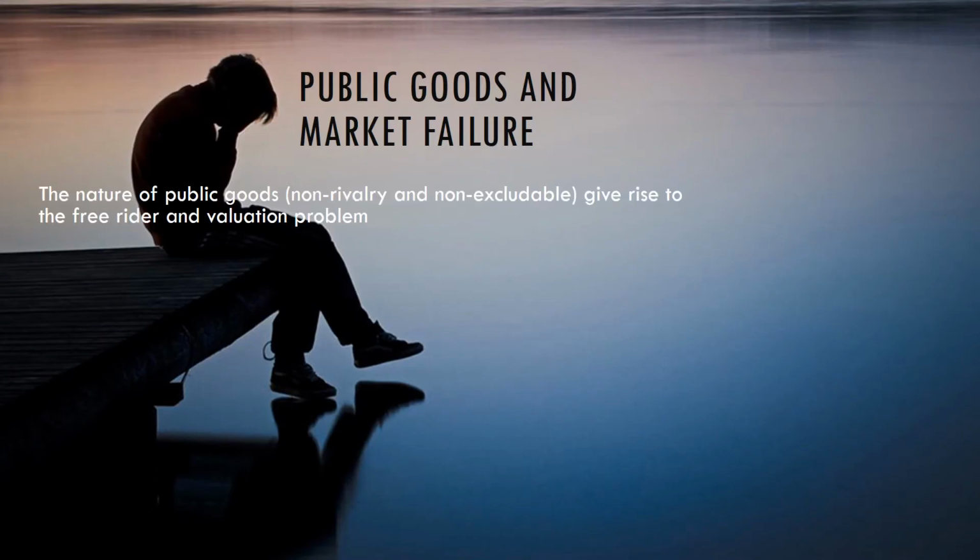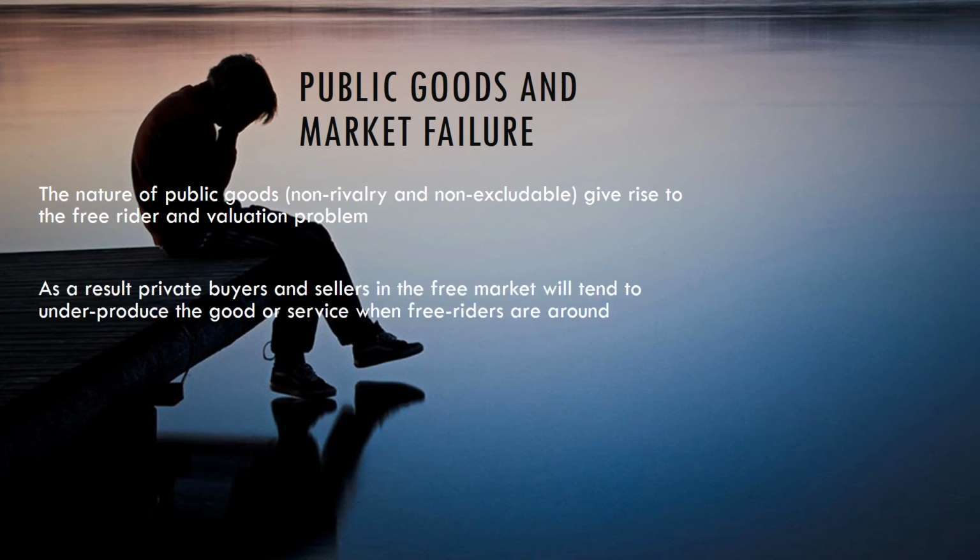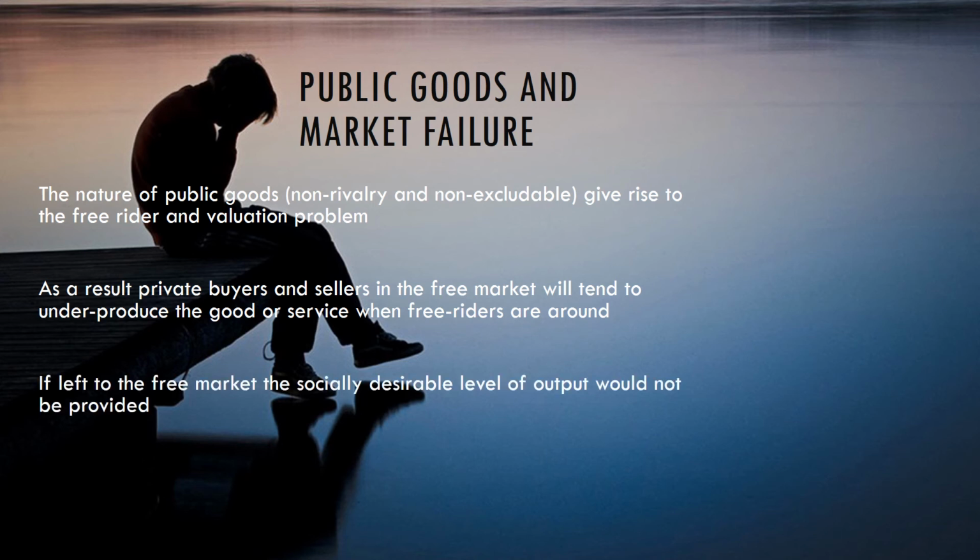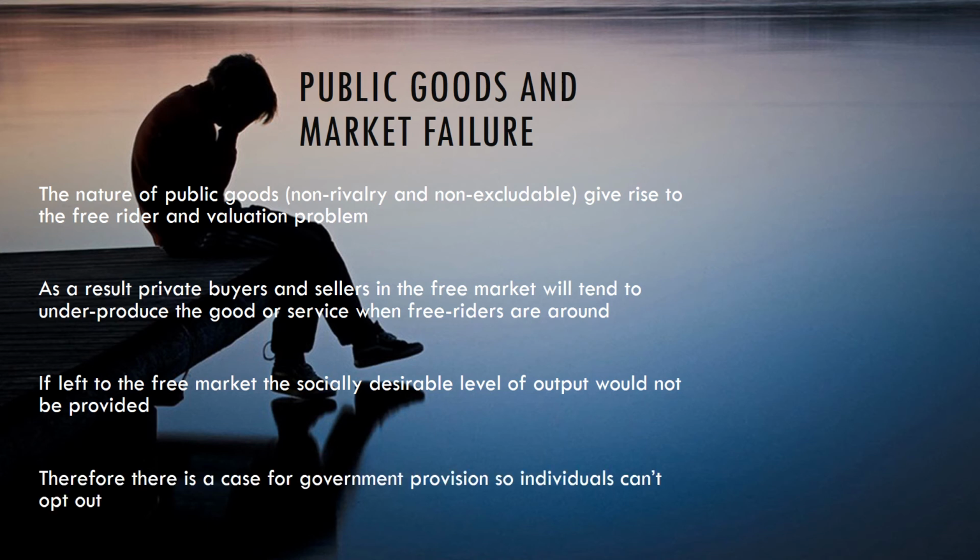To recap, the nature of public goods gives rise to the free rider and the valuation problem because we can't exclude people and the good is not being used up. As a result, private buyers and sellers in the market will tend to underproduce the good or service when free riders are around, or maybe not produce the good or service at all. So if left to the free market, the socially desirable level of output would not be provided.